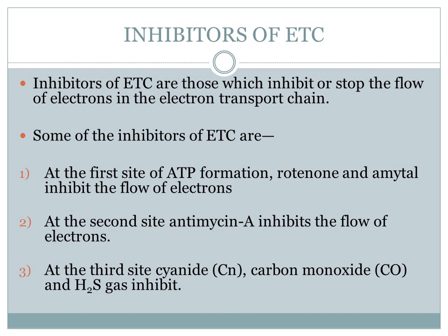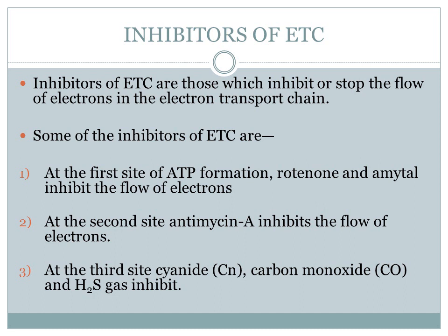Or it can be specific: which one of the following inhibitors inhibits the electron transport chain at the second site of ATP formation, or the first site, or the third site of ATP formation? Clear?